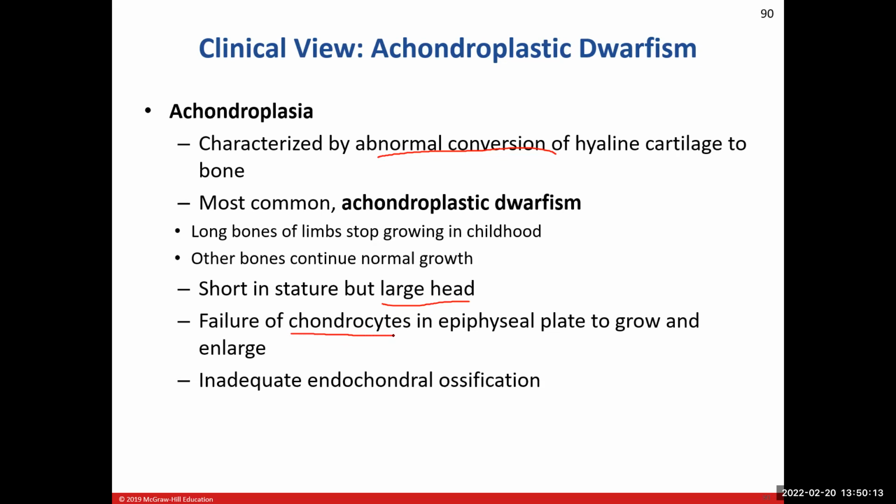So we are lacking in proliferation, and we're lacking in hypertrophy. As a result, that endochondral ossification process has an issue with that conversion process. And so these folks' long bones and their limbs will resultingly be short in stature.